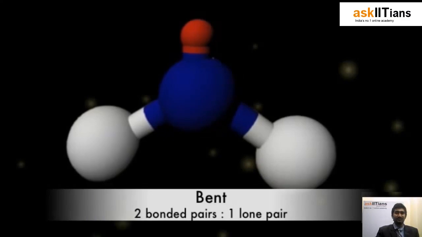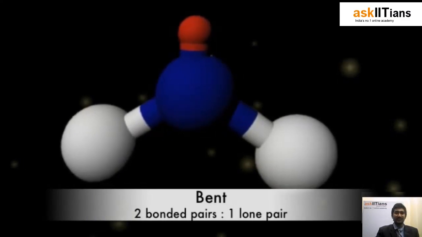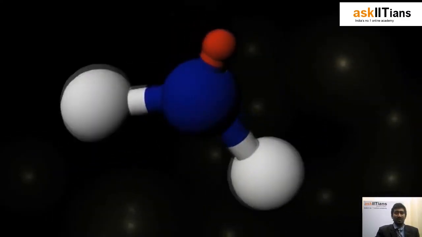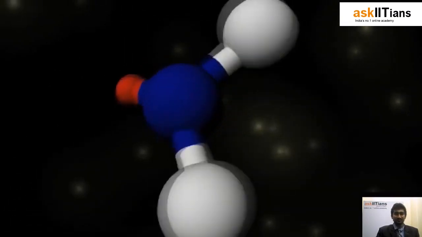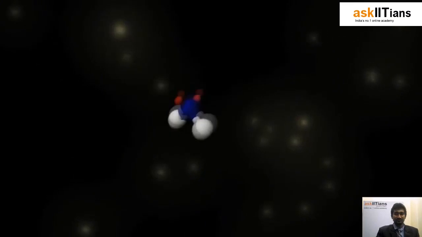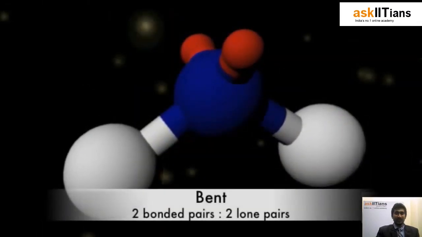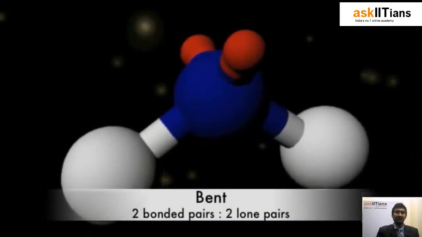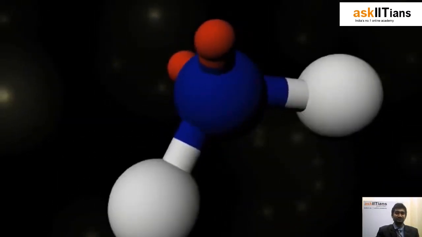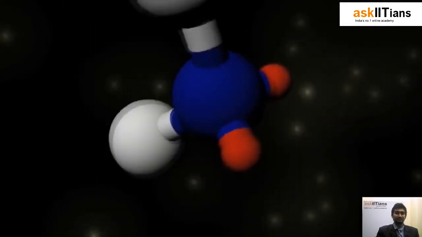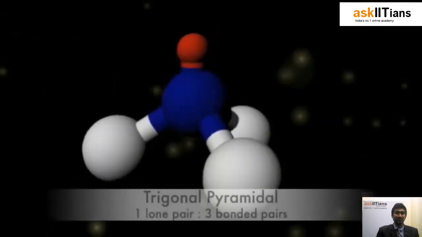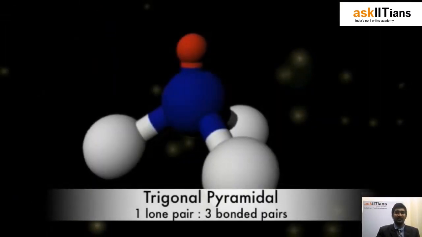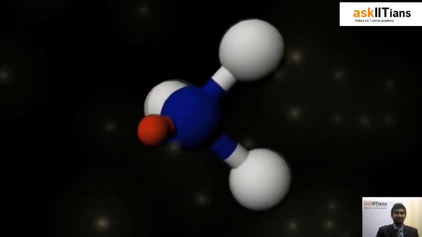Next is bent shape. Have you ever wondered about water? It's a bent shape, two bond pairs and one lone pair. Again, if there are two bond pairs and two lone pairs, that is also called bent. Now see this molecule, trigonal pyramidal, when there is one lone pair and three bond pairs.